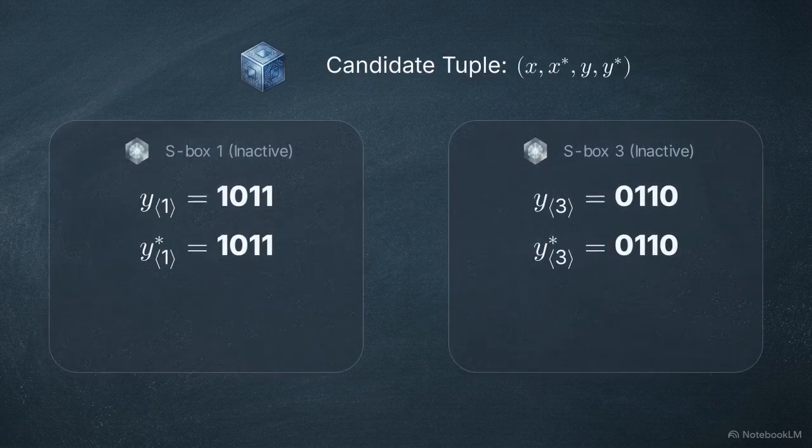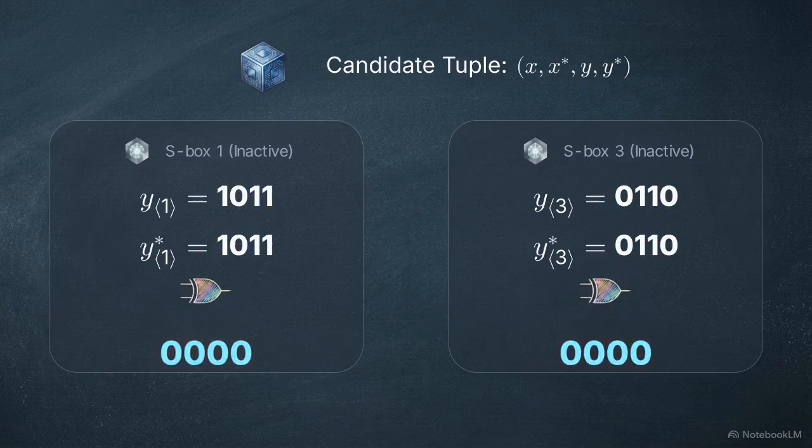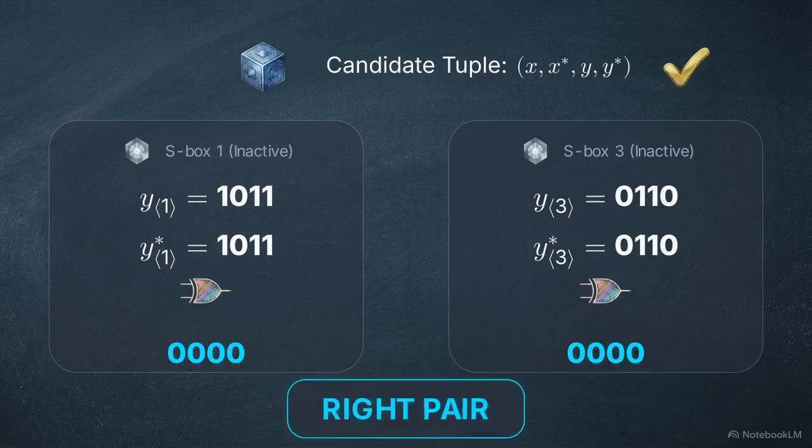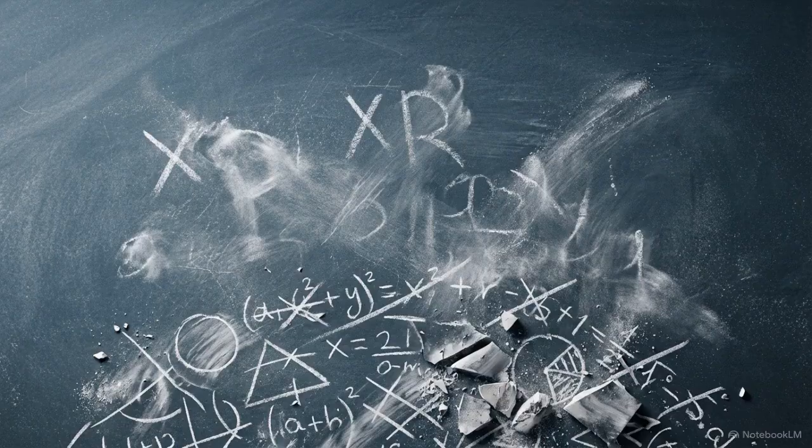It filters the data by examining the inactive S-boxes. If the tuple followed the trail perfectly, the inactive boxes must produce identical outputs, resulting in an XOR of exactly 0. Any tuple that fails this check is categorized as random noise. Discarding them immediately prevents the algorithm from wasting massive amounts of computational power.